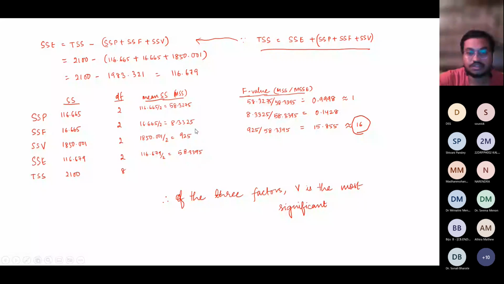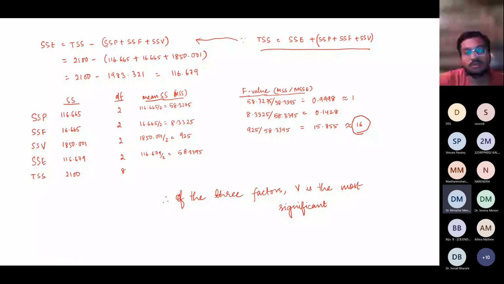So if any of these ratios is quite large, that means the effect of the variety on variance is quite large compared to the random effect. That's why variety is a significant factor. So the higher the F ratio, the more significant the factor.